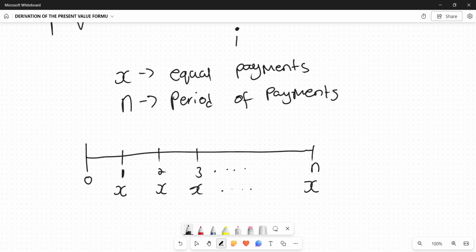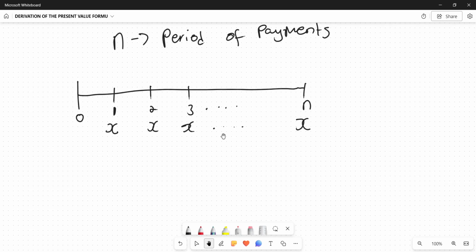Each payment in the future is worth less today due to the time value of money, which states that a rand today is worth more than a rand tomorrow. So that's the time value of money.